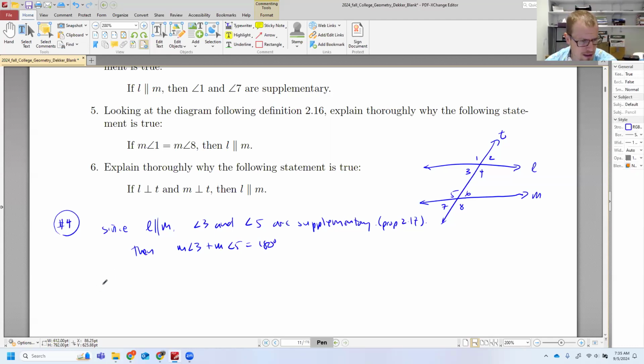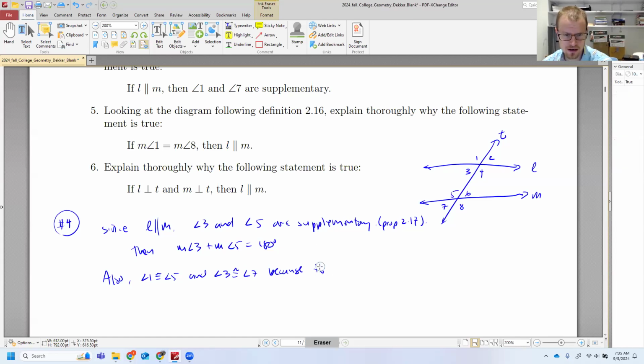Also, we could note that angle 1 is congruent to angle 5, and angle 3 is congruent to angle 7, because they are corresponding angles.